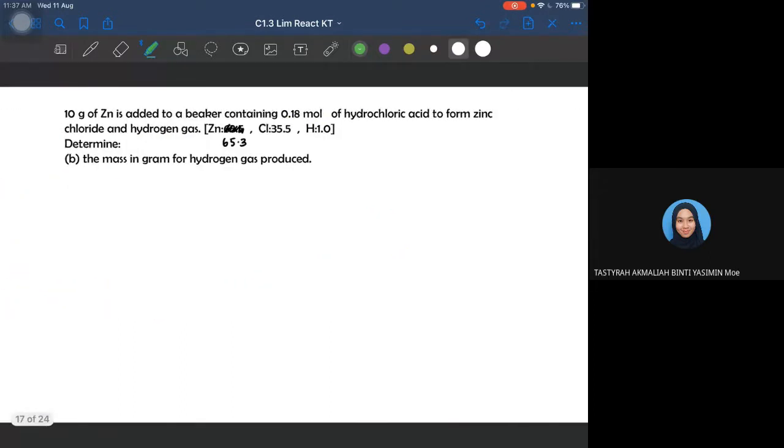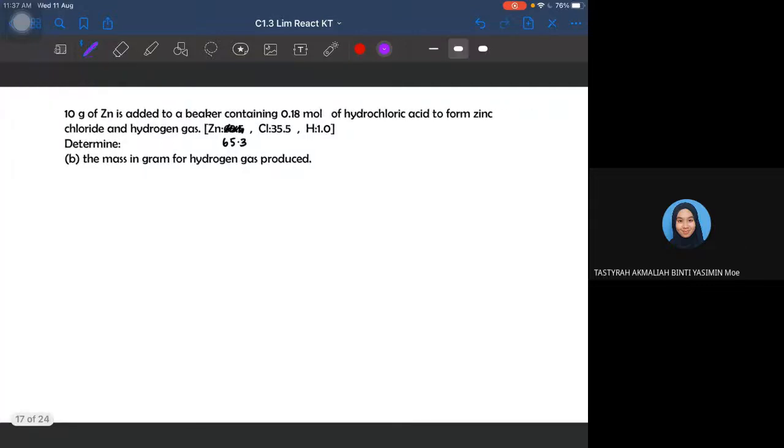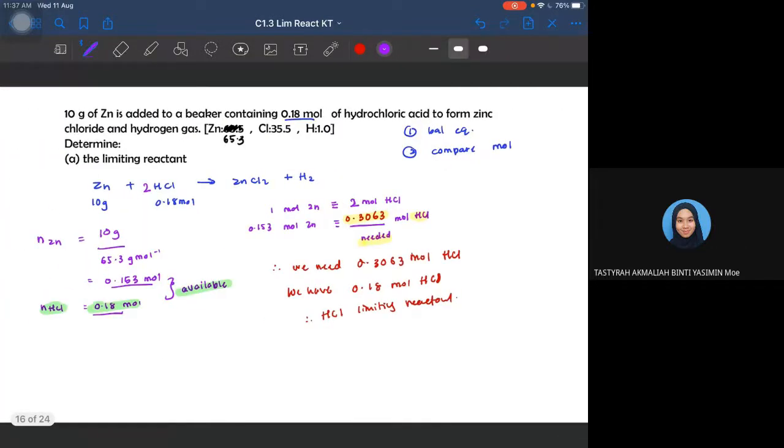We move to question B. Okay, so mass. Biasanya soalan dia akan tanya mass of product form. Kalau kamu buat method tu, actually you will get the mole of the product terus. For this one, since kita guna method 1, kita tak ada info tentang product kan.